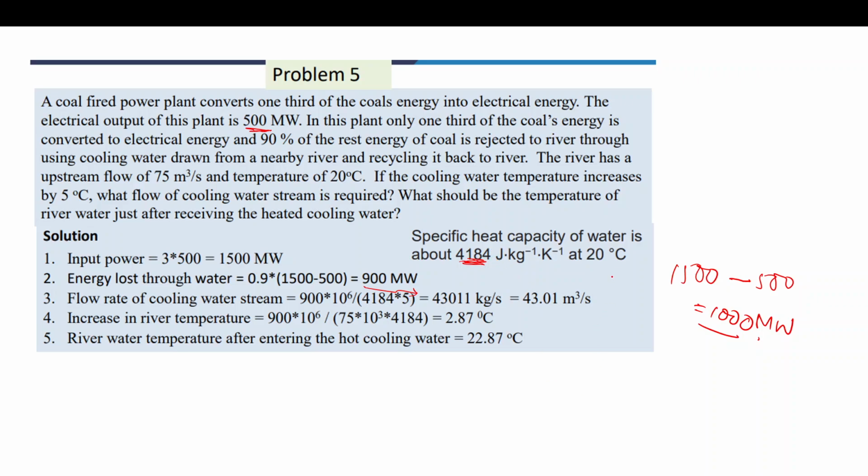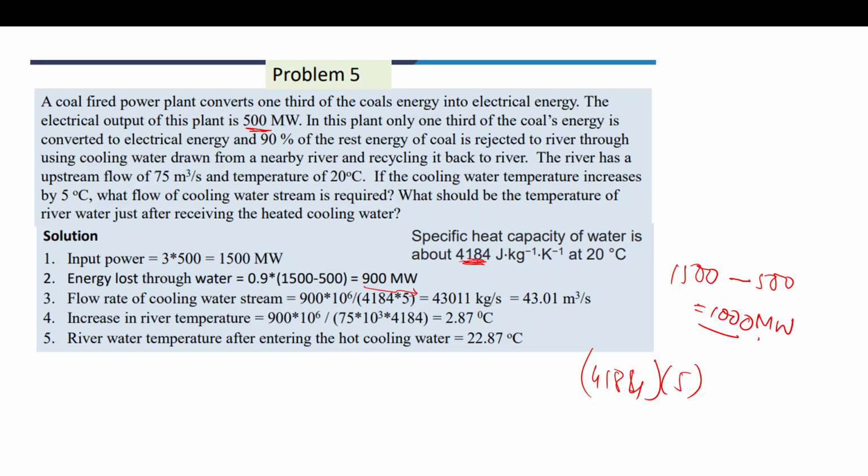Here there is a 5 degree rise, so for 5 degrees the amount of energy it can take up per kg is this much.